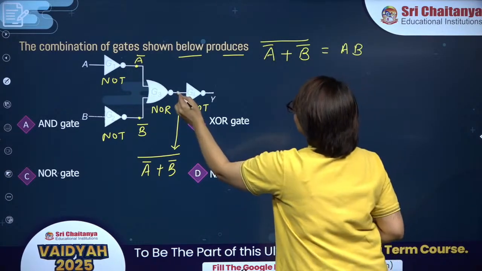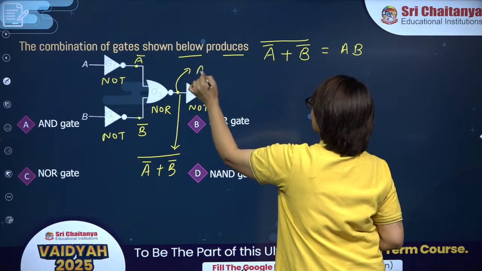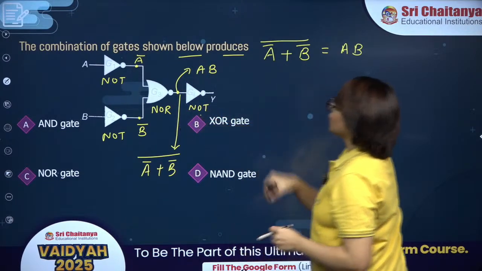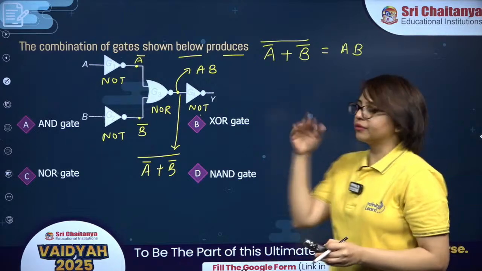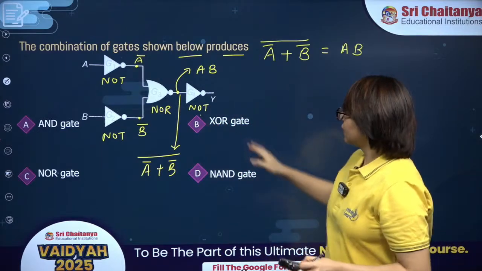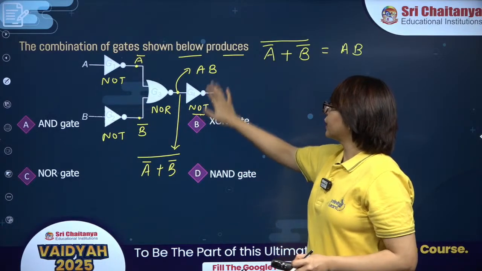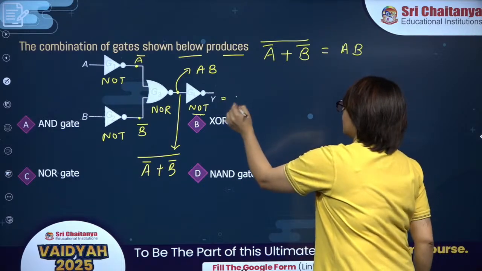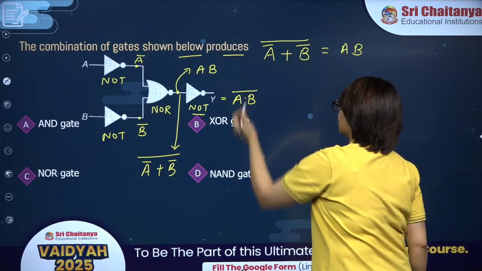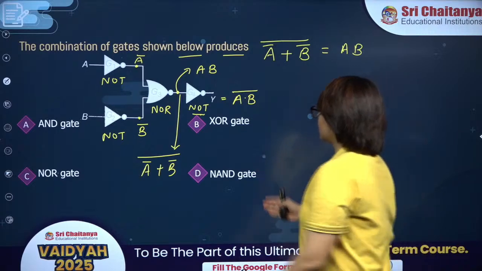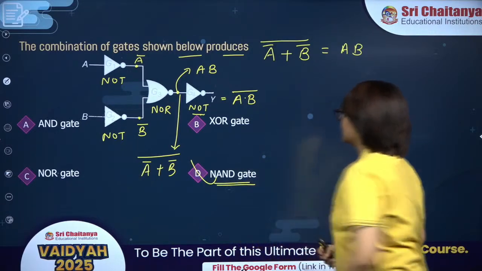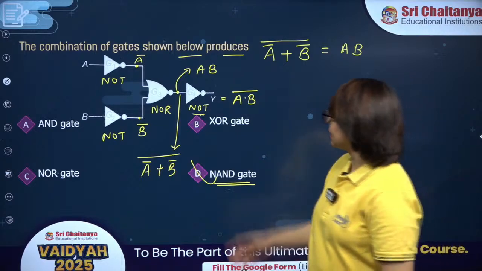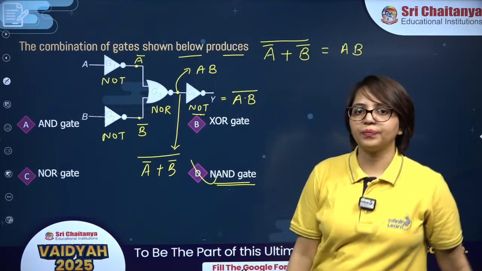So basically the output of this NOR gate is A into B. Now this output is the input to this final NOT gate. The NOT gate will reverse everything, so whatever input you provide to this NOT gate, it will come out with a bar. So Y will be (A into B) whole bar. So this is equivalent to what? A NAND gate. This is nothing but the final output of a NAND gate. So the correct answer is option D over here.